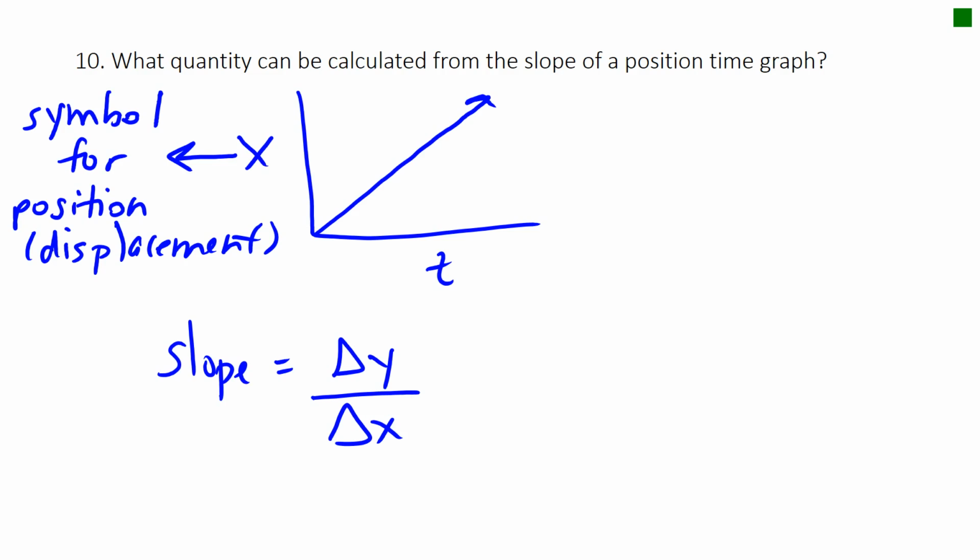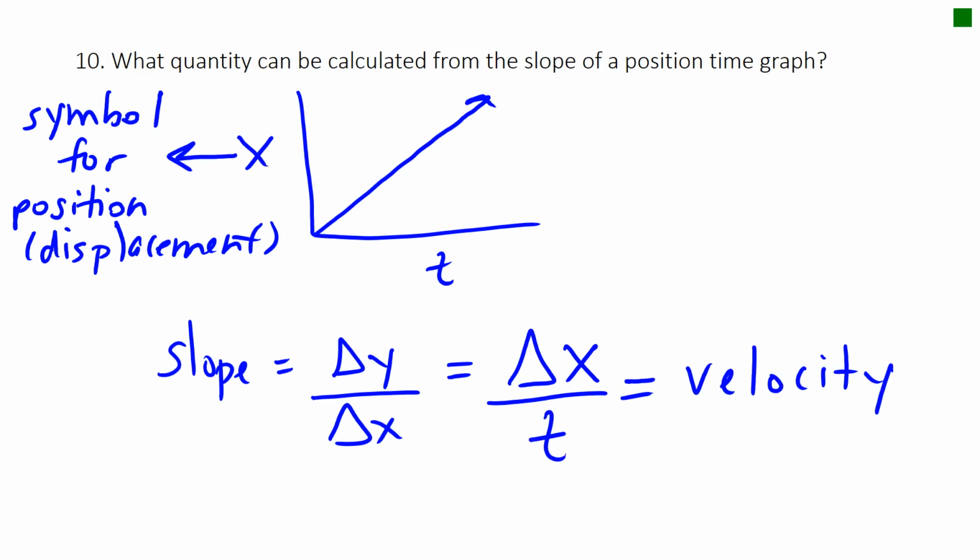So slope is equal to our y-axis, which is our change in position over time. Change in position over time is the definition of velocity. Okay, so don't let this x confuse you. It's not the x-axis. This x is the symbol for a position or a displacement.